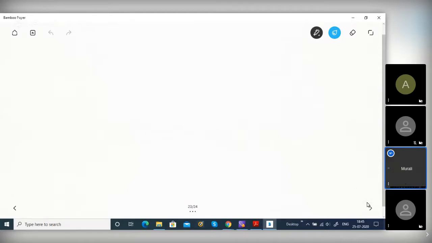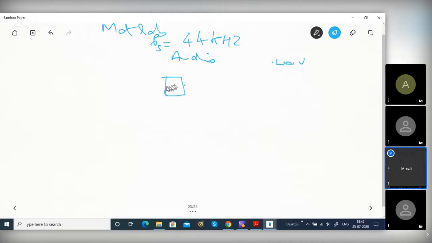In MATLAB, the sampling frequency is some 44 kilohertz, I don't know exactly. Just see what the sampling frequency is. I think for audio the standard is 44 kilohertz. You can speak into a microphone and record an audio file, a .wav file. In MATLAB there is a function called audiorecord, which will automatically record for some 5 seconds.